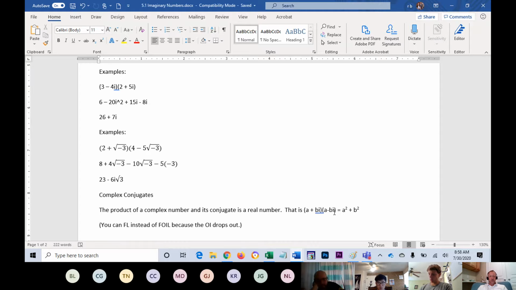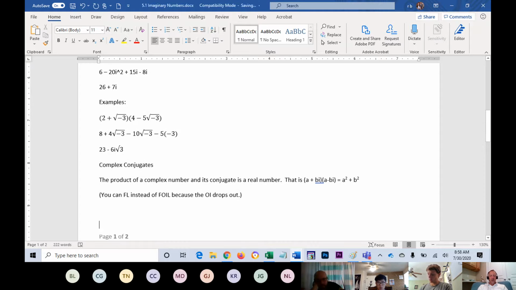So we use conjugates when we need to divide. Okay?